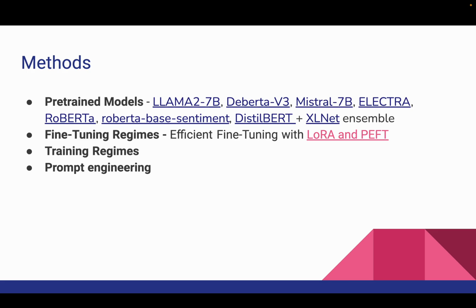The methods we are going to use: first is the pre-trained models. We are going to experiment with various pre-trained models available on the Hugging Face Models Hub to find the best fit for sentiment analysis across different domains.